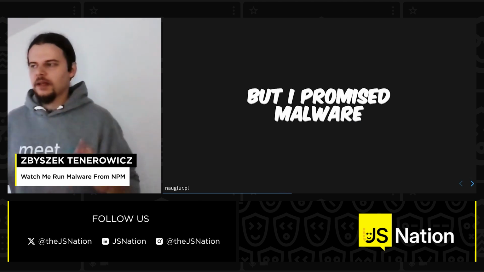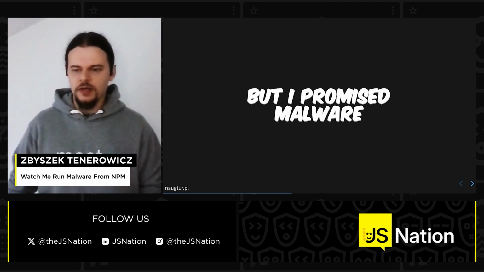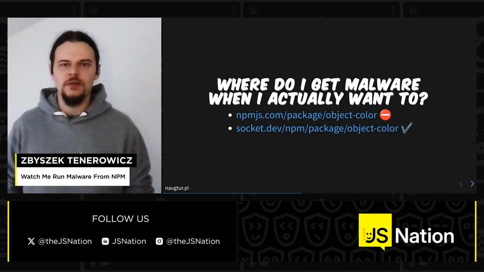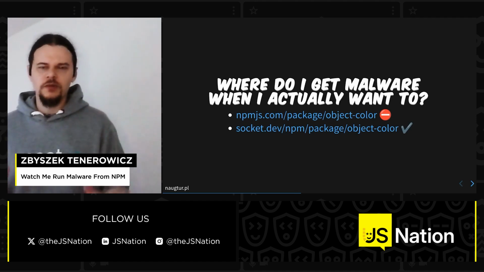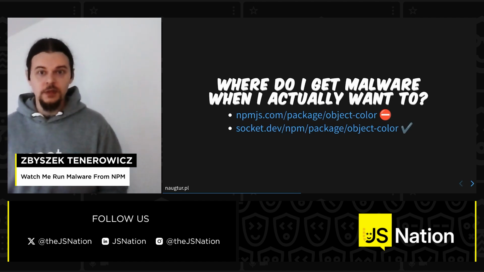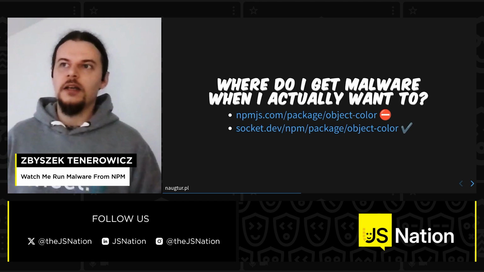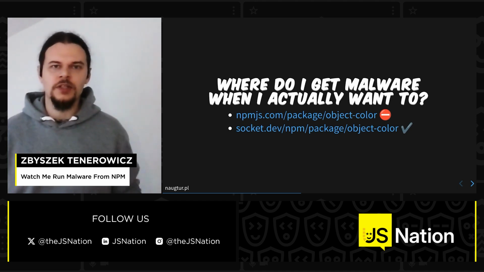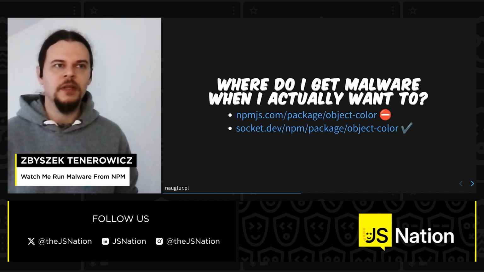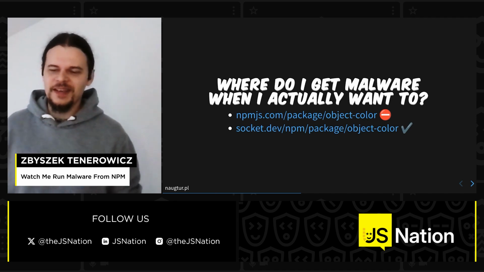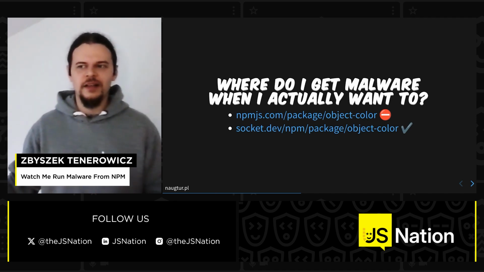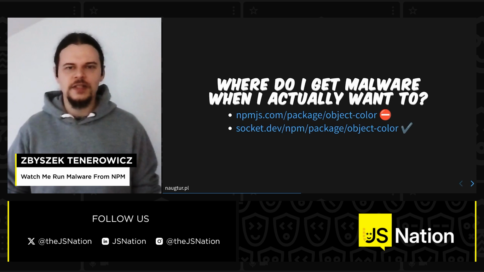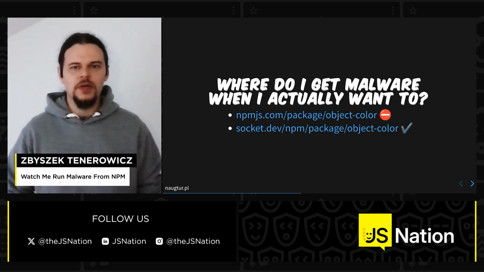But I promised you I'm going to run malware, right? So let's focus on that. So first, where do we get malware? If you want to get malware, you rarely get to download this malware straight from NPM knowingly, because before you learned that the package was malicious, NPM probably already removed it.